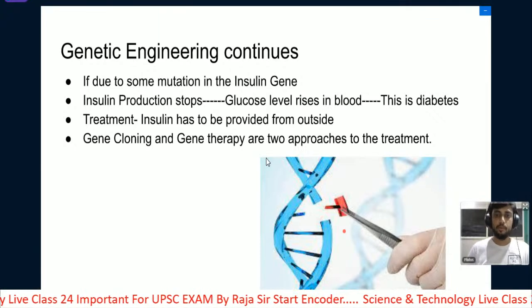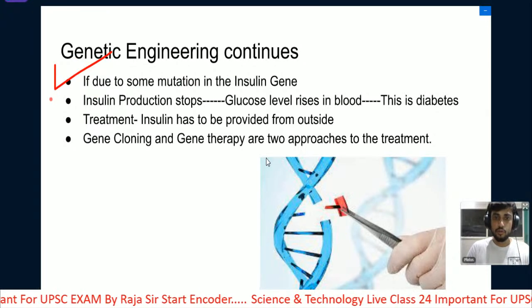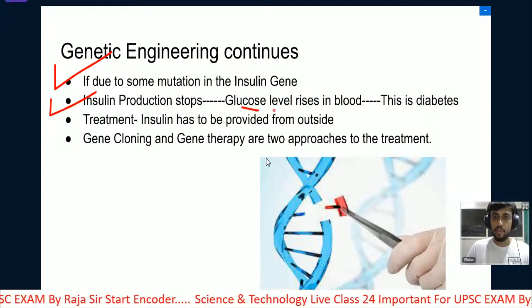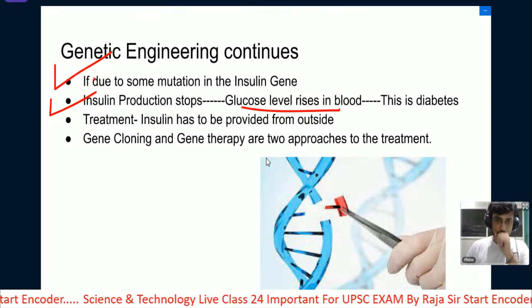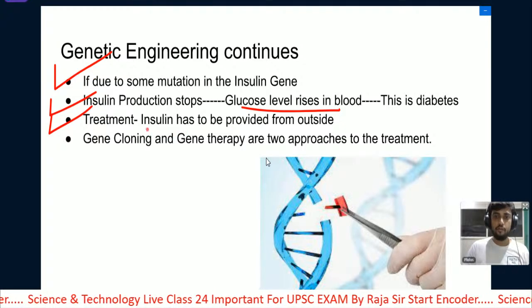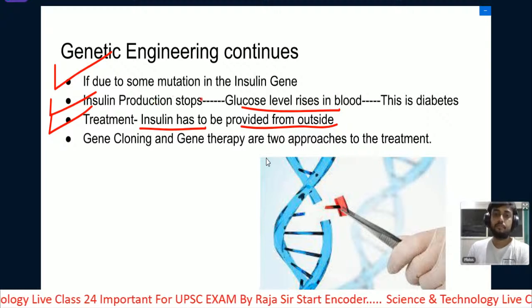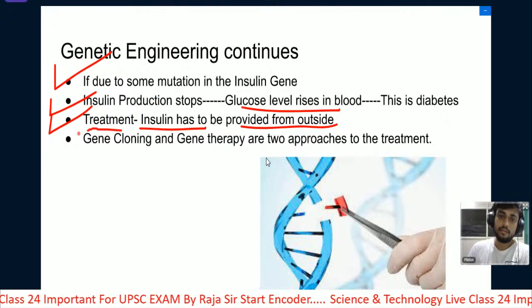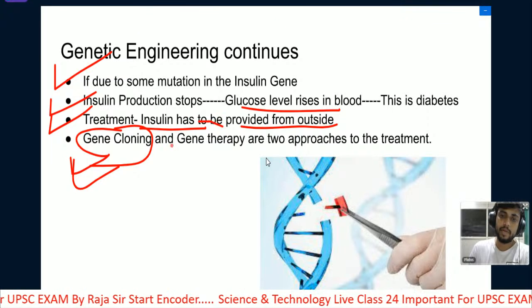Now, if due to some mutation in the insulin gene, as I have explained, the production of insulin stops, then the glucose level will rise and the person will be diabetic. The treatment is that we have to provide insulin to him from the outside. We can do this treatment by gene cloning, or we can achieve it by gene therapy.